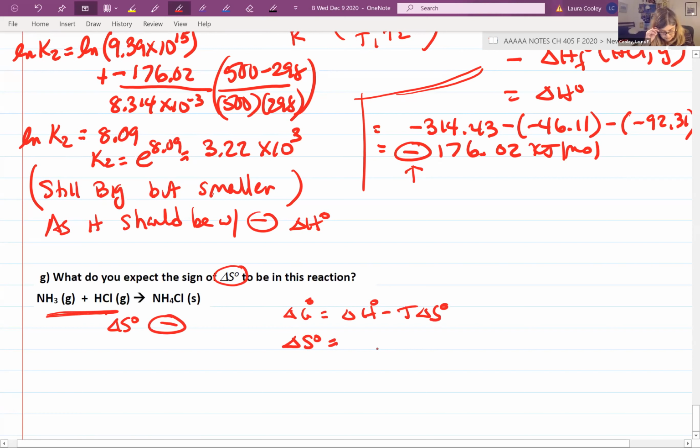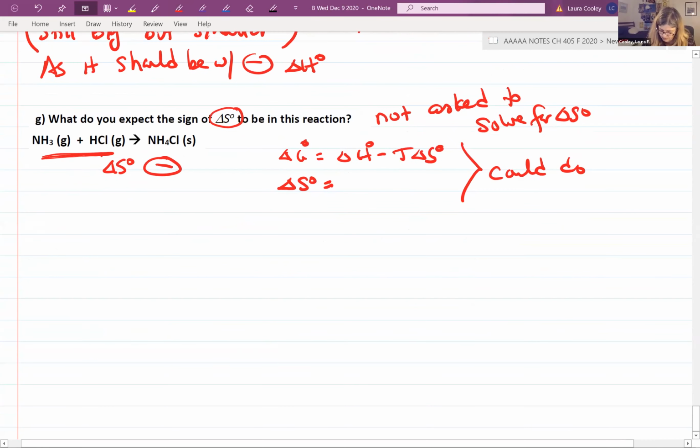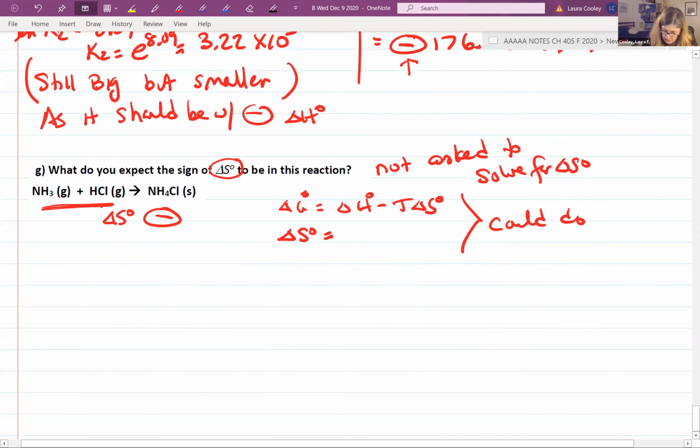It doesn't actually ask you to do that, but you could, and you would use this method. But it does ask you, in part 2A, to discuss the spontaneity of this reaction.